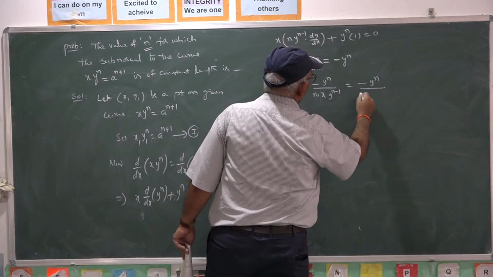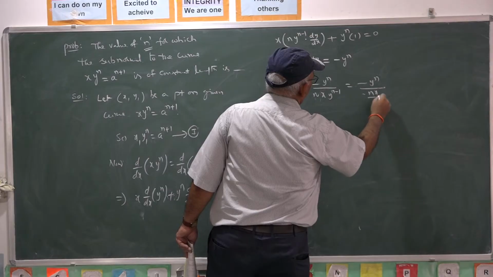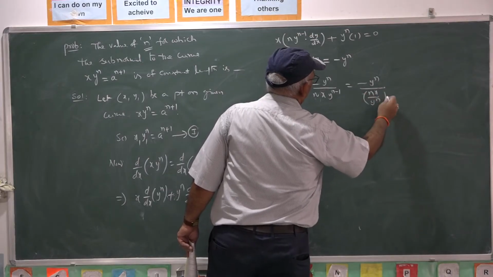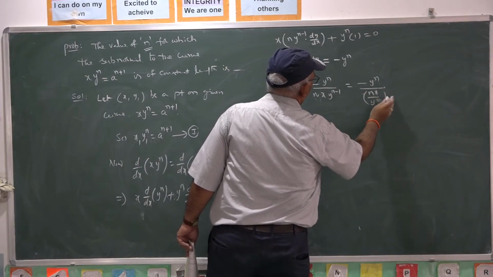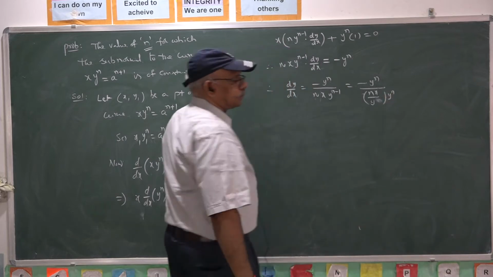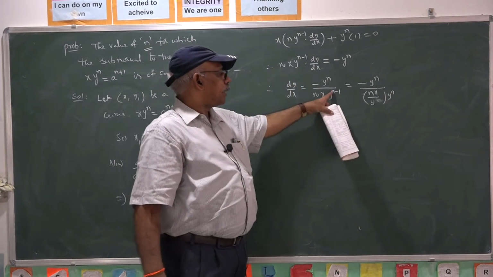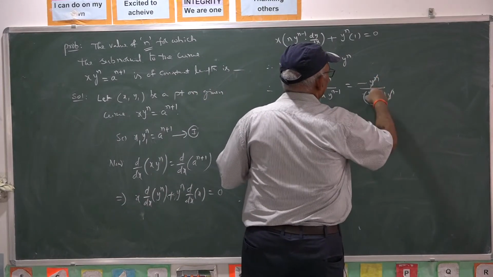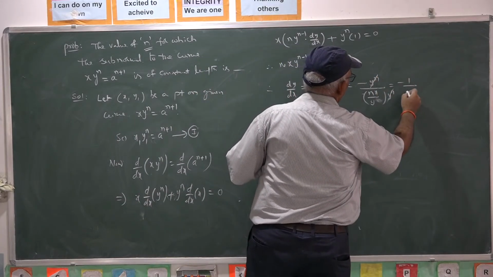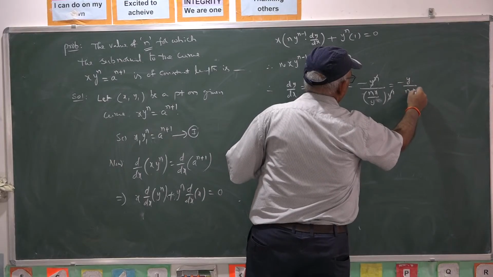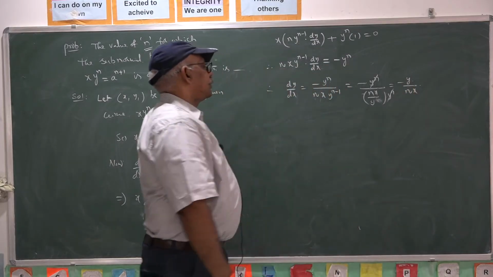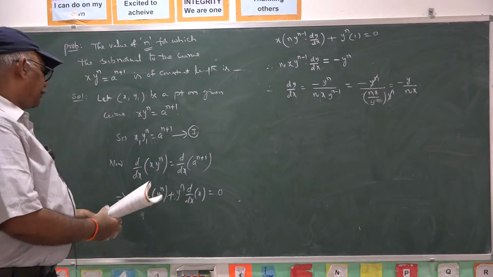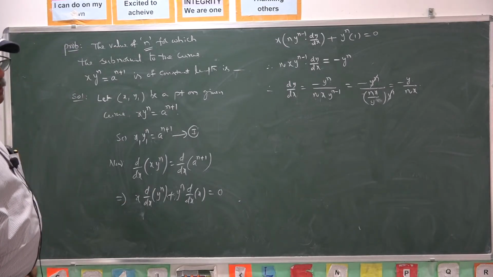The y power n cancels, hence this is minus y by nx. This is dy by dx of the curve, minus y by nx.